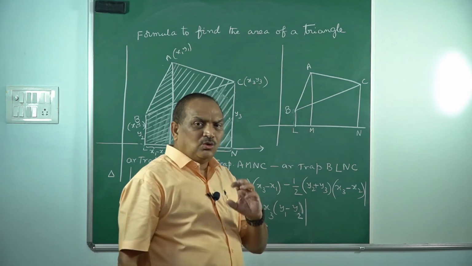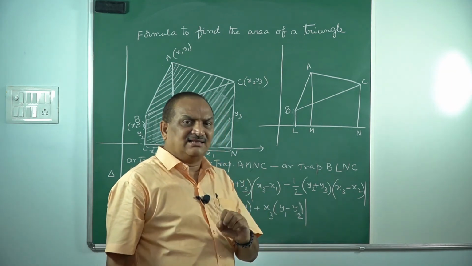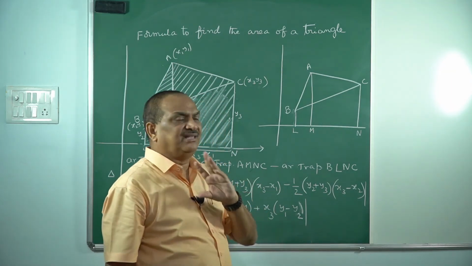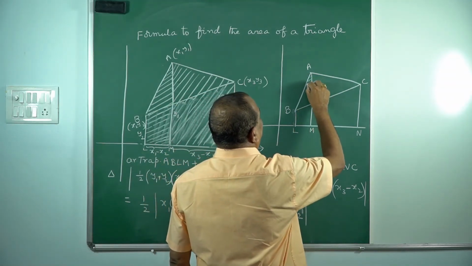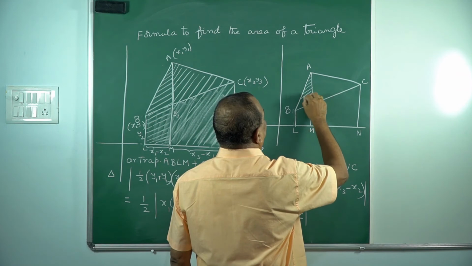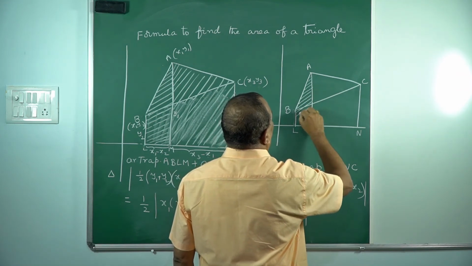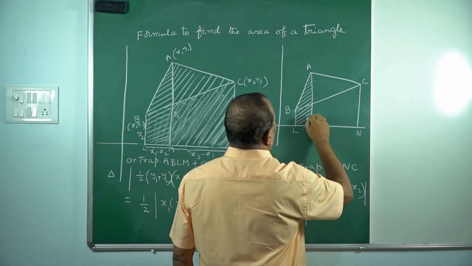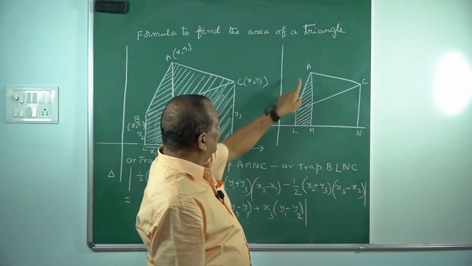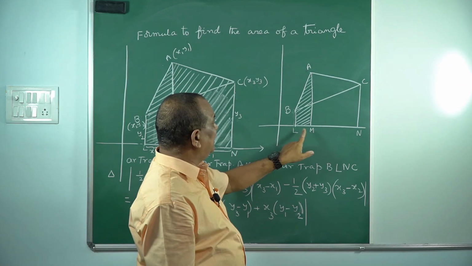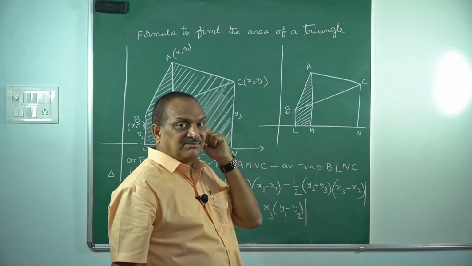Now, two trapezia you must add and subtract one of them. The first trapezium is this one. Name this one A, B, L, M. That's the first trapezium.